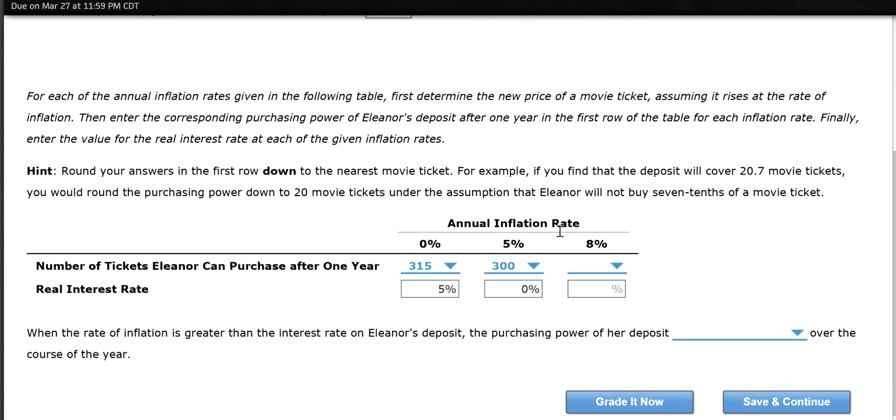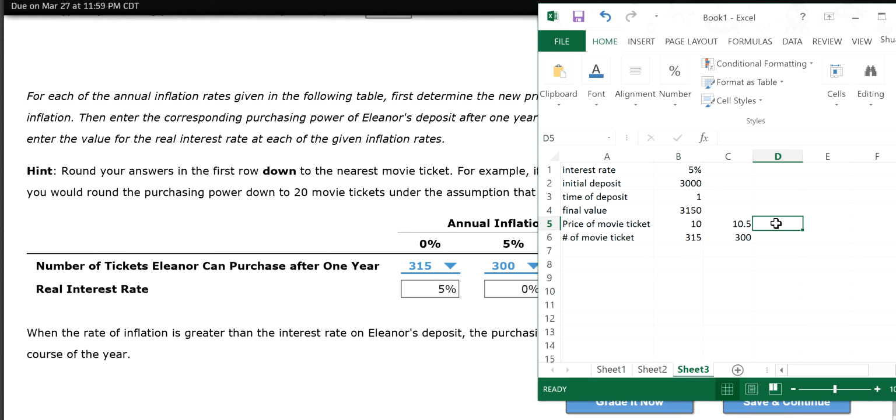And last one, an 8% change in your price for movie tickets. So let's do equal sign, 1 plus 8%, to the power of 1 year, and then times the initial price for movie tickets, so $10. This will be 10.8. And then to find out how many movie tickets you can buy, it's 3150 divided by 10.8.